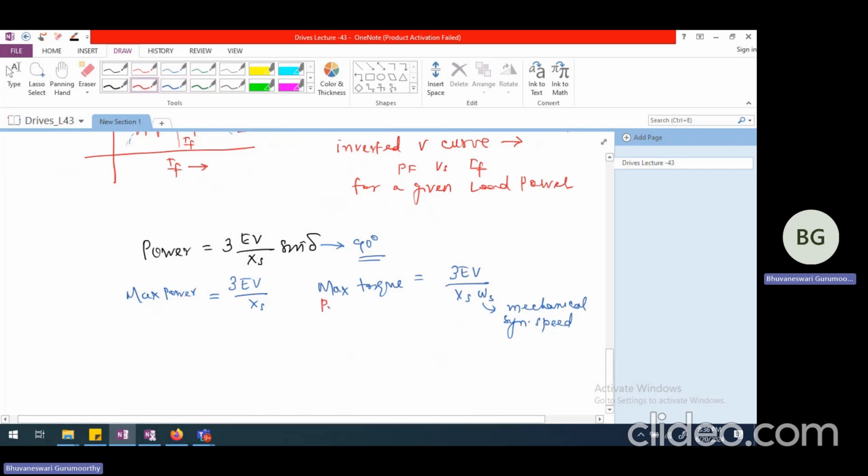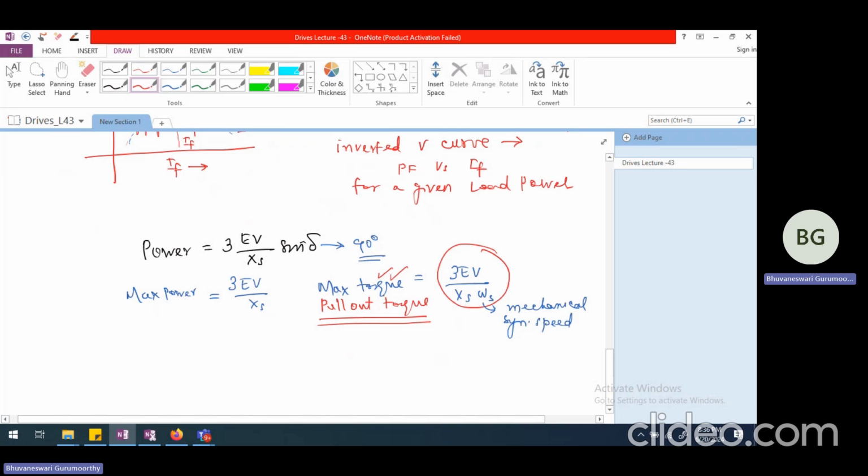Sometimes this is also called pull-out torque, because if you load the machine beyond this torque value, then the machine will pull out of synchronism. It will not be able to run as a synchronous motor anymore. This is the maximum torque that can be developed by the machine, and that's one reason why it is called pull-out torque.